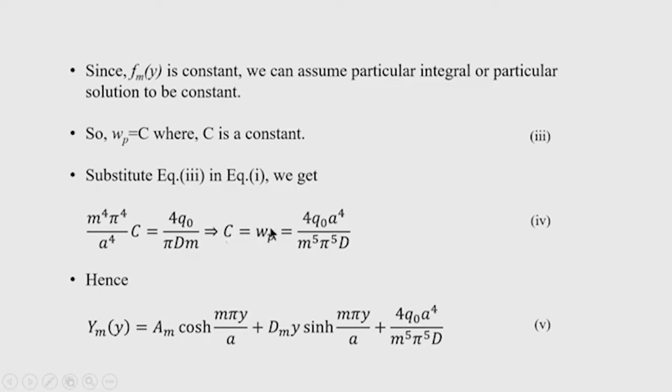After doing this, we get this equation from where c, which is the particular integral, is 4 q naught a to the power 4 divided by m to the power 5 pi to the power 5 into d. You can see that m appears with a fifth power, so it will be rapidly converging. So, m contains the power of 5. When the first term is taken for deflection, you will get almost accurate result.